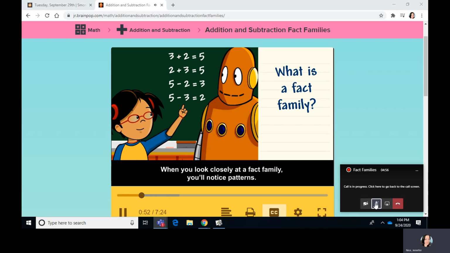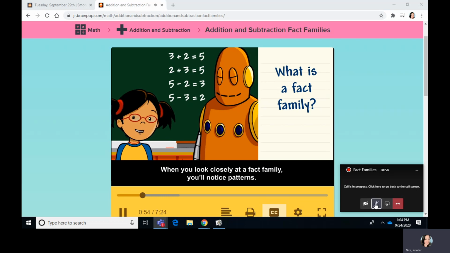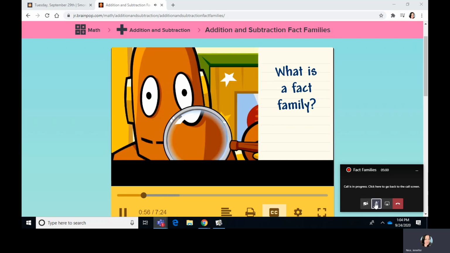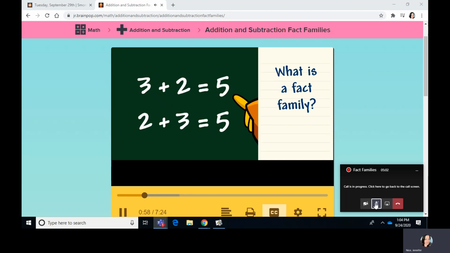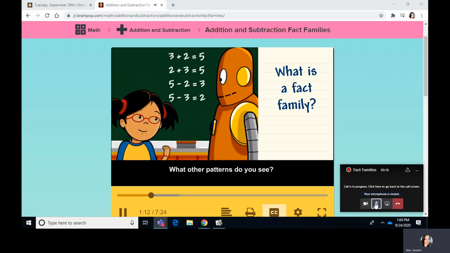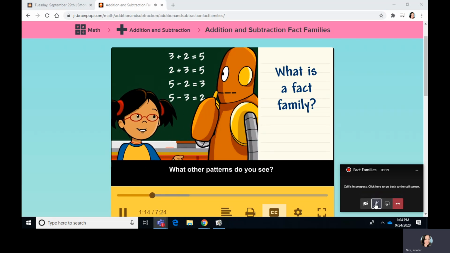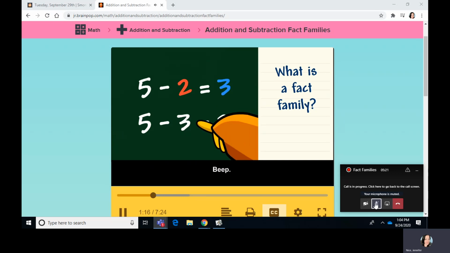When you look closely at a fact family, you'll notice patterns. Yep, 3 plus 2 and 2 plus 3 both equal 5. The order you add the numbers doesn't matter. What other patterns do you see? You're right.